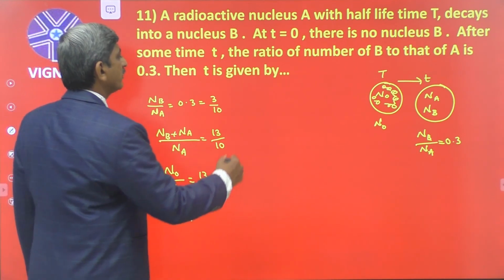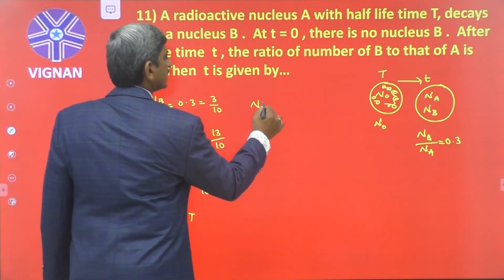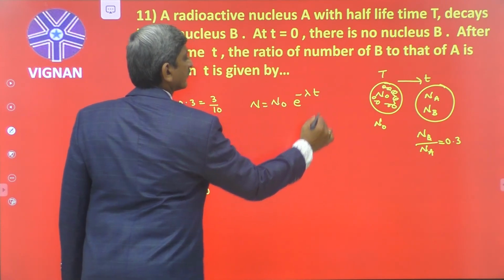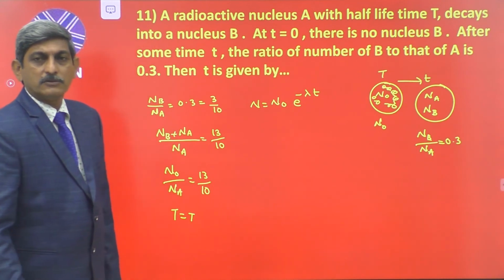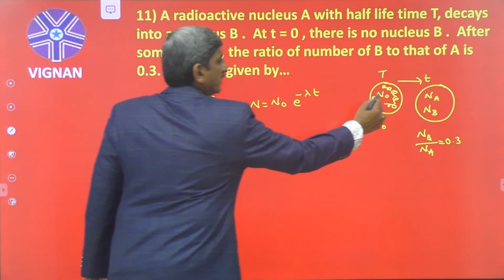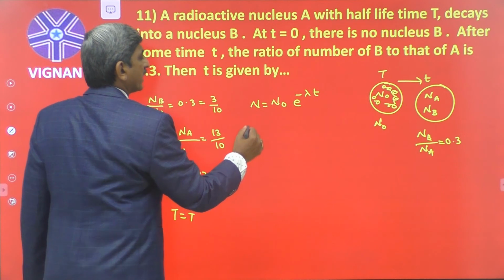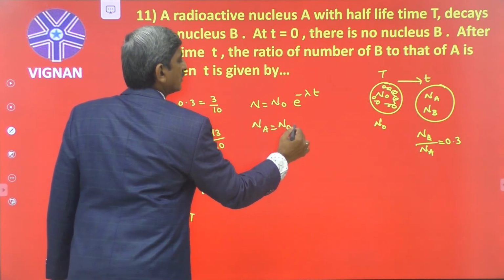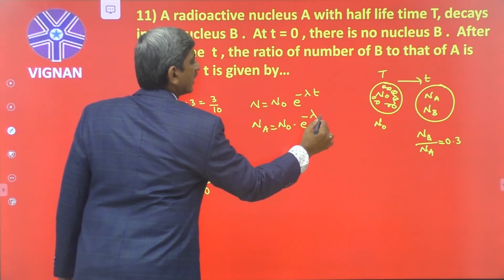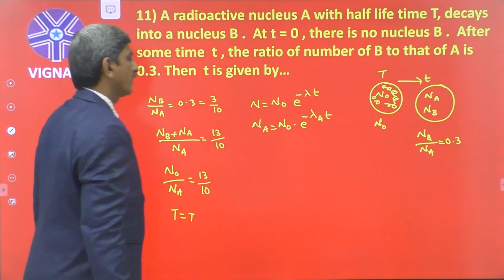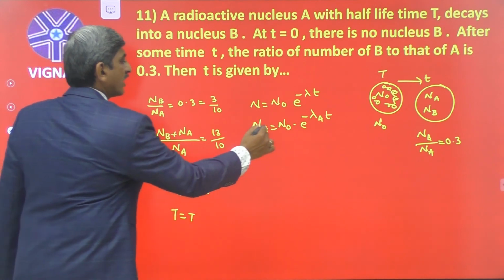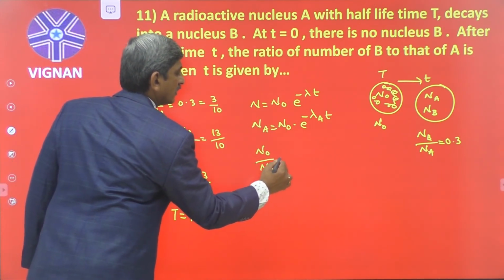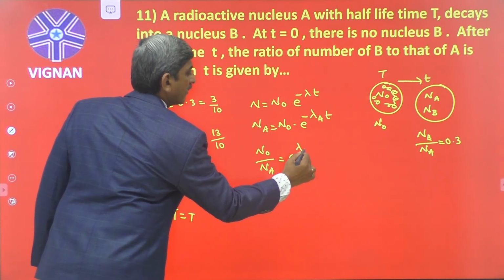By giving the half-life time value, we want to determine the time value. For that, from the radioactive decay law, we know that N is equal to N0 e power minus lambda t. Now, for the sample A, we can write NA is equal to N0 into e power minus lambda A into t. So here N0 by NA is known for us, that N0 by NA is equal to e power lambda A into t.